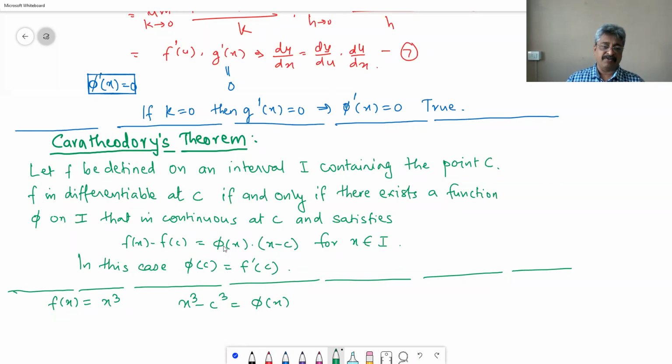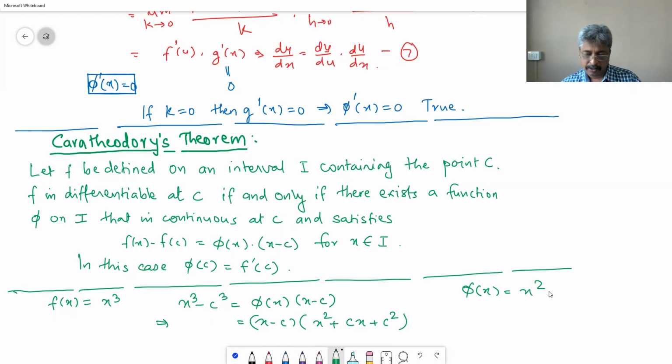There exists some function phi which is continuous on I. So let us check the continuity. Can we just write down what this phi function is? If we take out x minus c common, then we get x square plus cx plus c square, right? So phi of x right now is equal to x square plus cx plus c square.